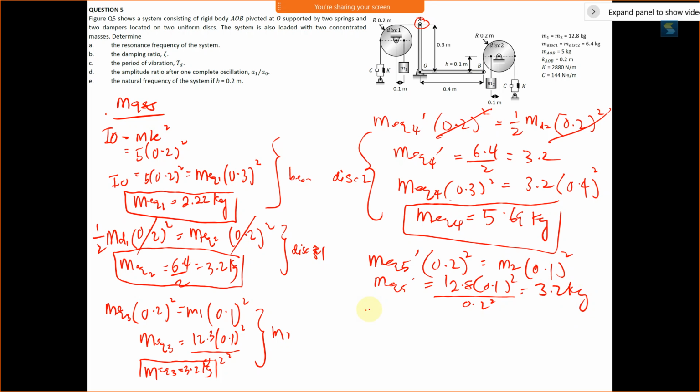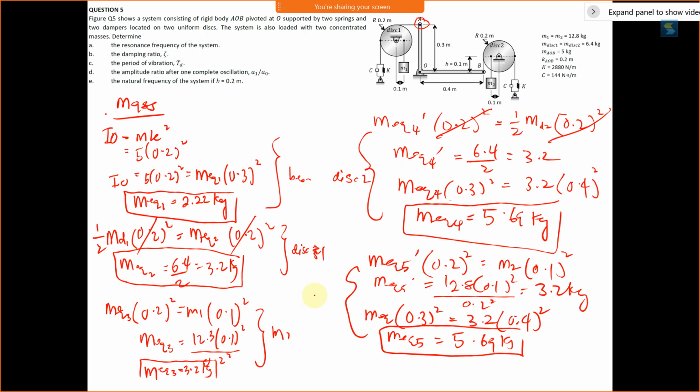Then transfer again to get M equivalent times 0.3 square equals 3.2 times 0.4 square. Then we get M equivalent 5 must be 5.69, isn't it? Kilogram. So that is our M equivalent 5. So this is for M2.